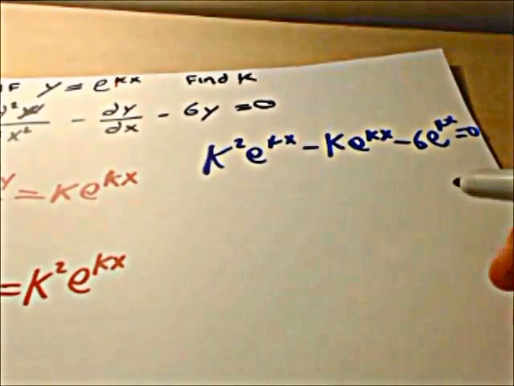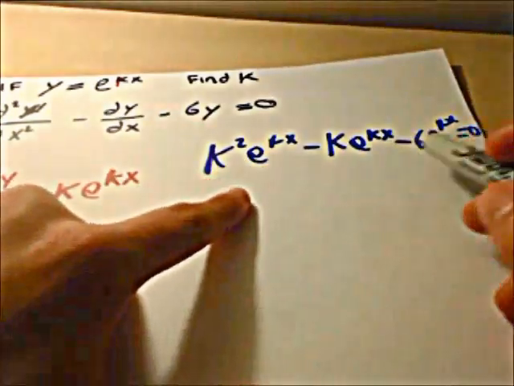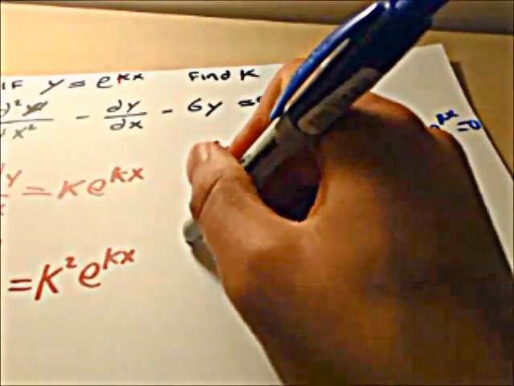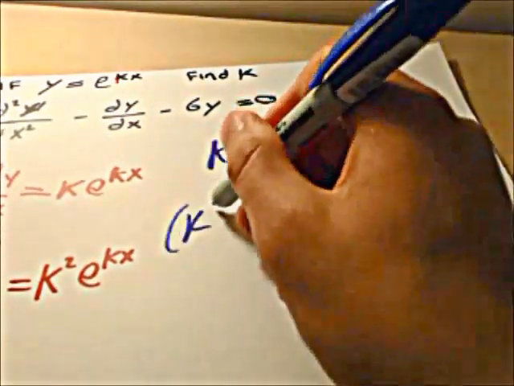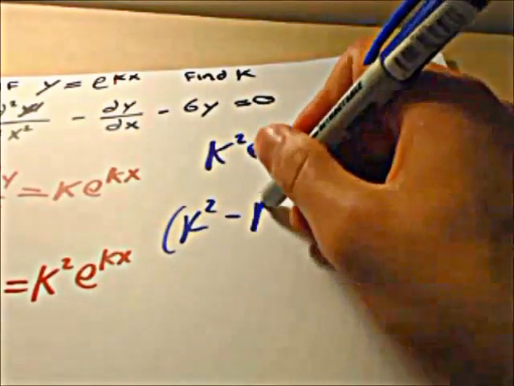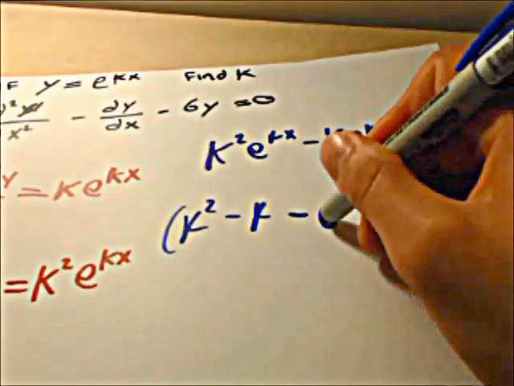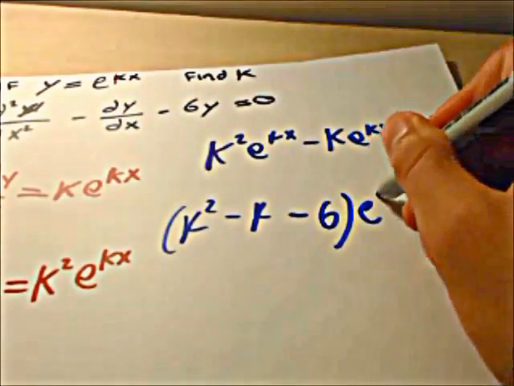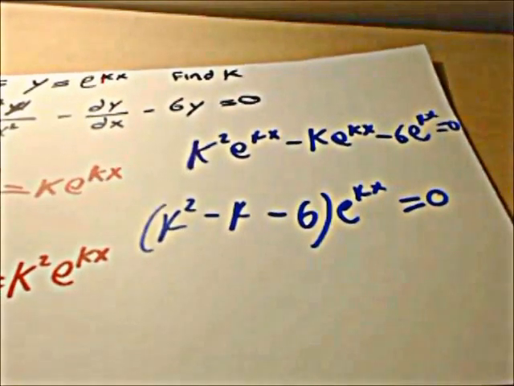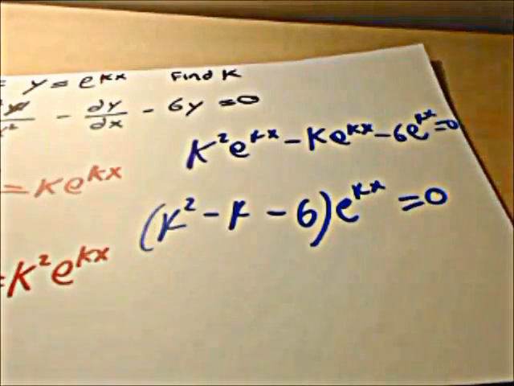If you look at this, we can factorize e to the power kx, because it's involved in all of them. So we end up with e to the power kx times (k squared minus k minus 6) equals 0. Now that's just a basic quadratic equation, but instead of x we've got k. That's fine.